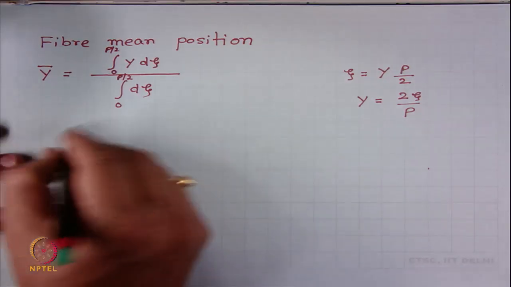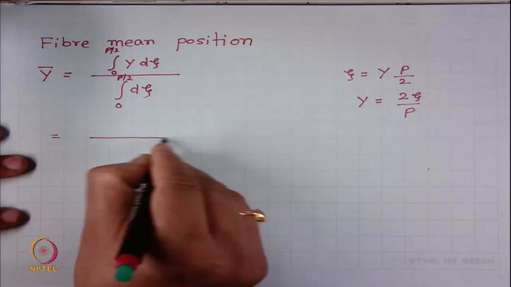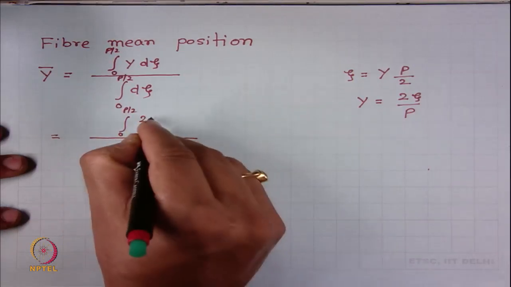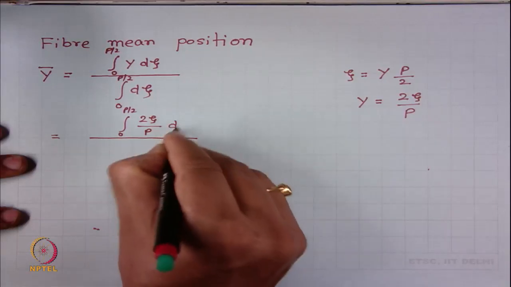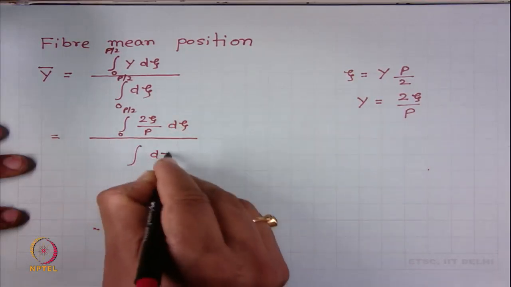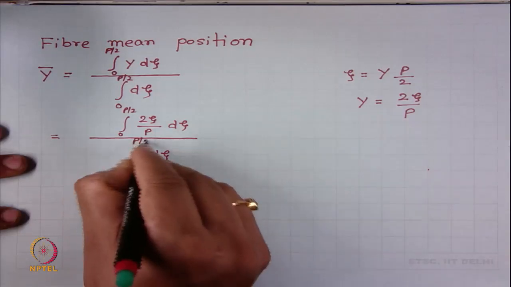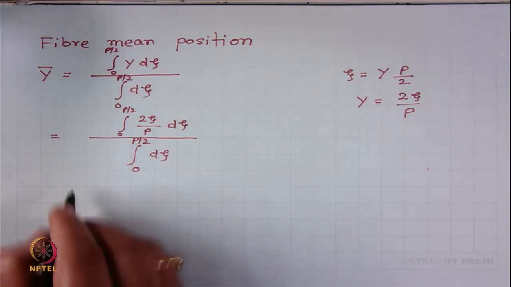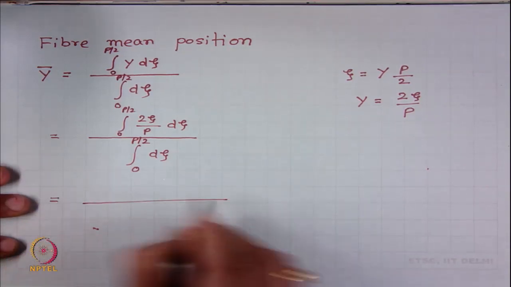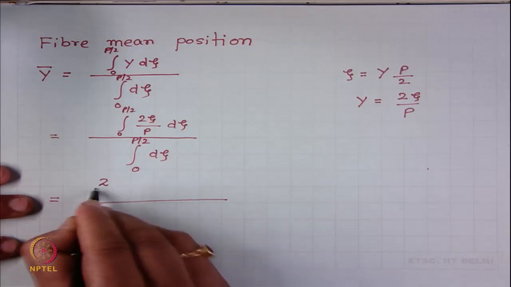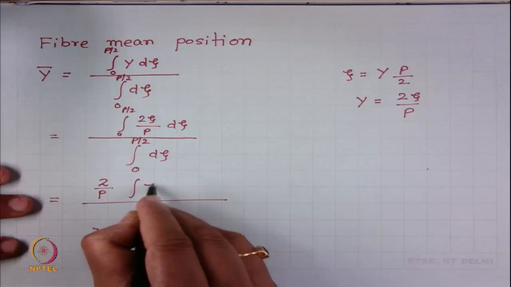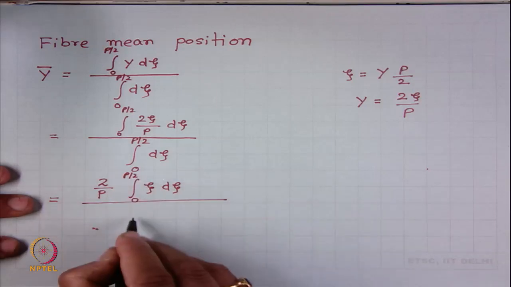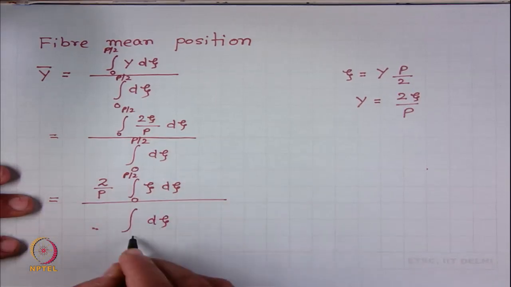If we substitute, 0 to p by 2, y is 2 zeta by p, d zeta 0 to p by 2. P is constant, 2 is constant, it will come out of integration. So, 2 by p, zeta times d zeta 0 to p by 2, d zeta 0 to p by 2.